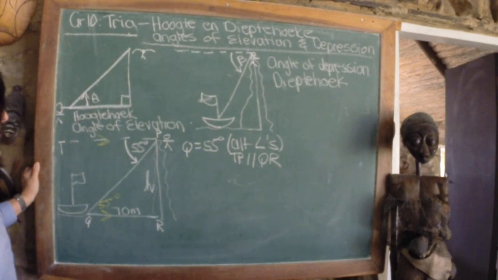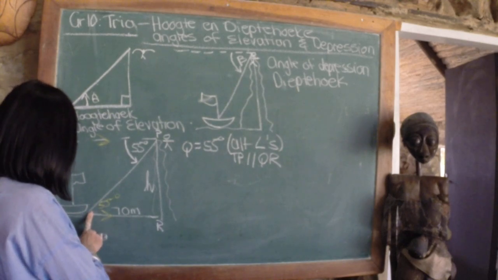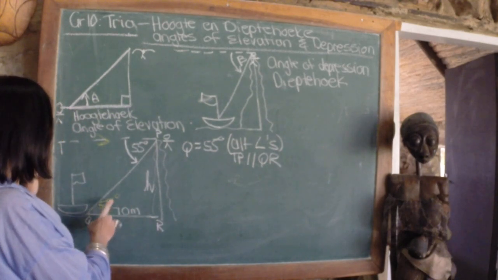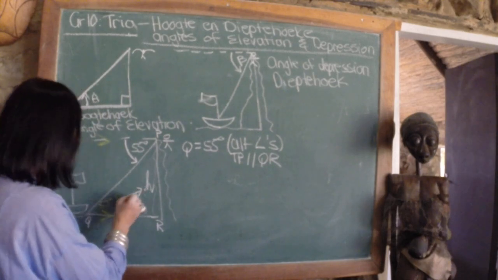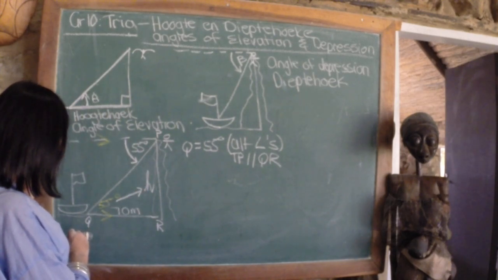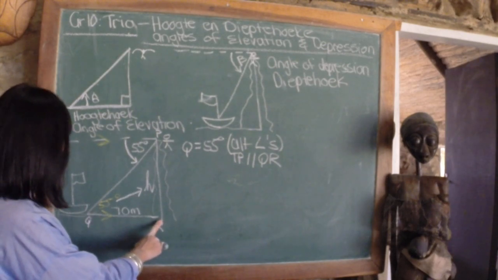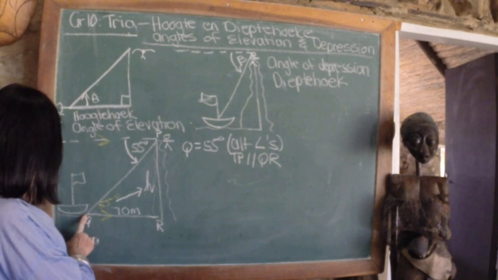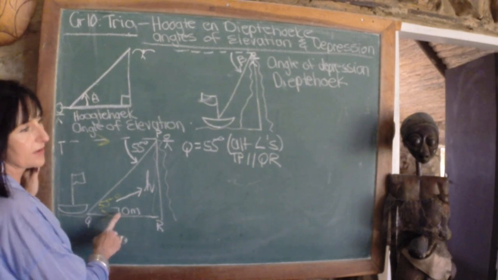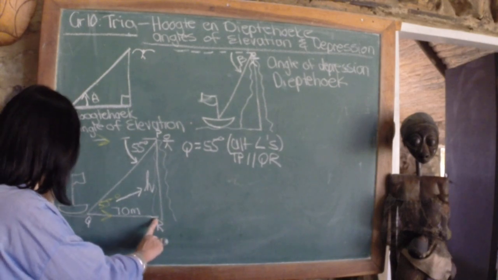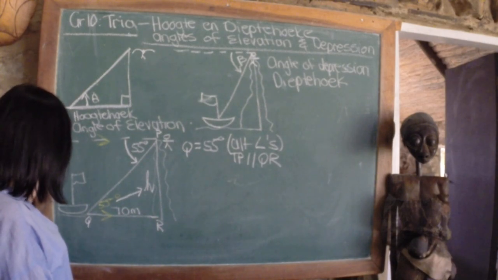So now I can use my trigonometry and I can say the H is opposite to 55 degrees. Die H is oorstaande aan die 55 grade. En dan het ek die afstand van die voet van die berg tot by die bootjie is 70 meter. Die afstand van die bootjie tot by die voet van die berg is 70 meter.